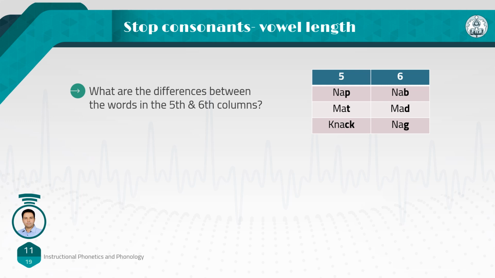In the examples I gave you in the 6th column, nap, mat, and nag, you can see that although b, d, and g are voiced consonants, they have very little voicing. In fact, you can see that they are voiceless.